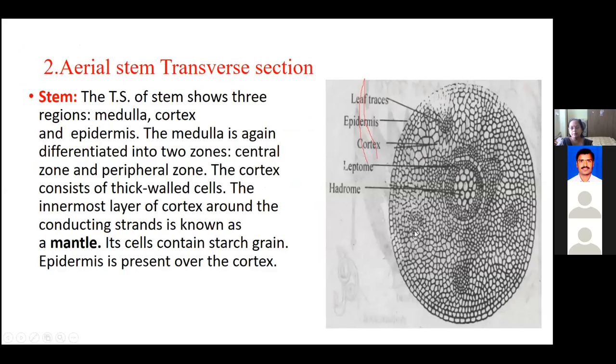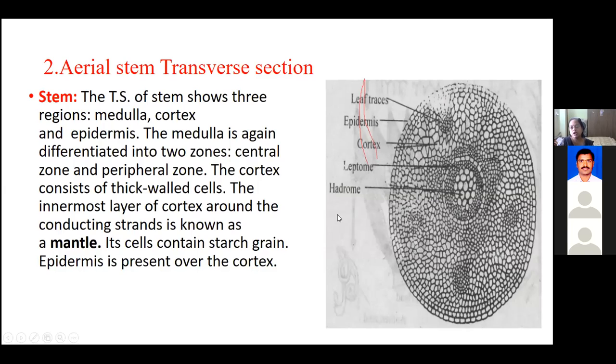Now we'll go with the internal structure of the stem, that is the central axis. Now, even the transverse section of the stem is also differentiated into 3 regions. What we call the epidermal region, medulla, and the cortex.